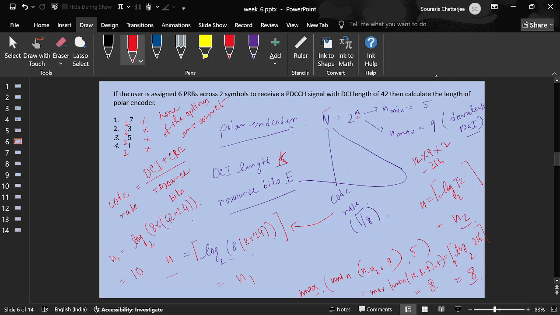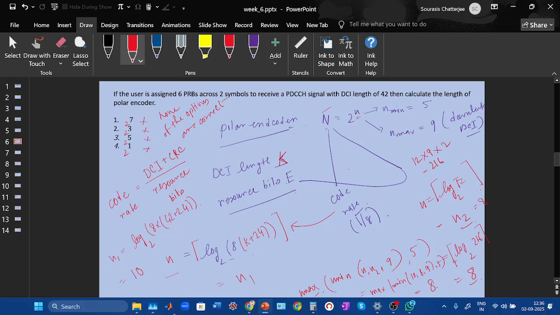So if I need a mother code rate of 1 over 8, I need to generate 2 to the power 10, or 1024 bits, but my number of resource bits allocated is 216. Applying the ceiling operation, we get n2 as 8, right? n1 as 10, n2 as 8. And what is the formula here?